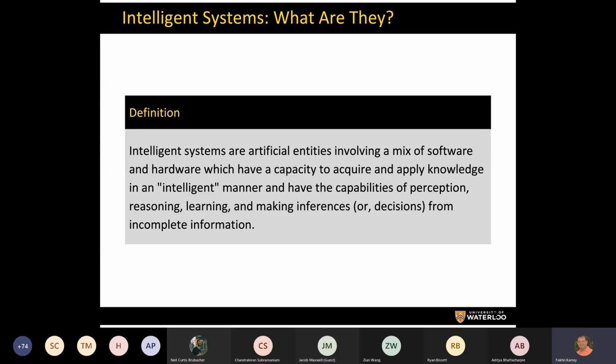And that's why we call these intelligent systems. They used to be very huge systems, but nowadays they could be hidden in a small microchip, and they have very powerful capability for transmitting information, for perception, for reasoning.